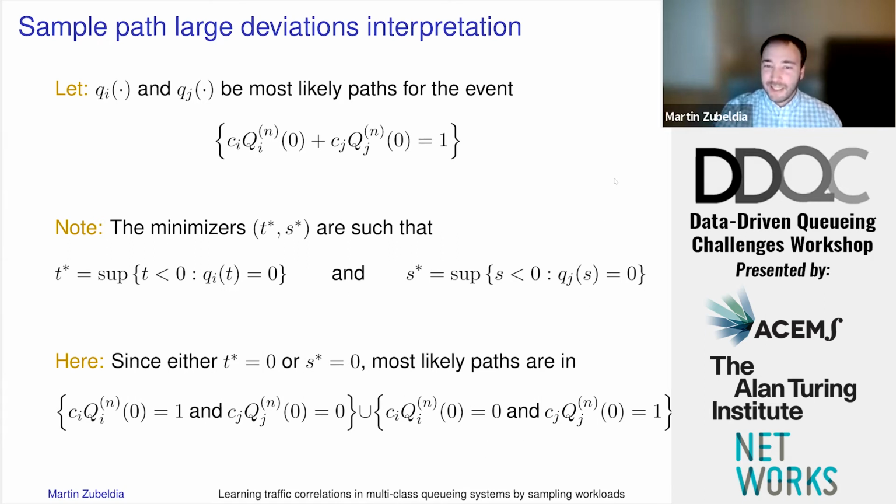So essentially, for this event, a linear combination being big, the most likely way for this to happen, and thus the only thing that you see in the large deviations, is what happens when only one of them is big. So it's not surprising that you're not really seeing the covariance, because only one of them is big. So you're going to observe the variance of that one.